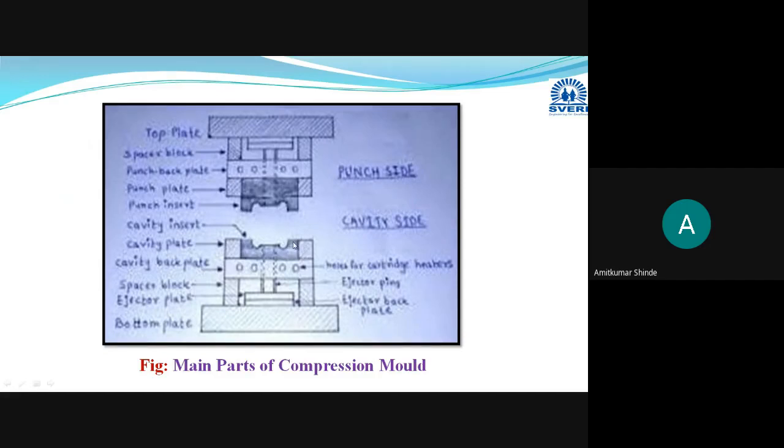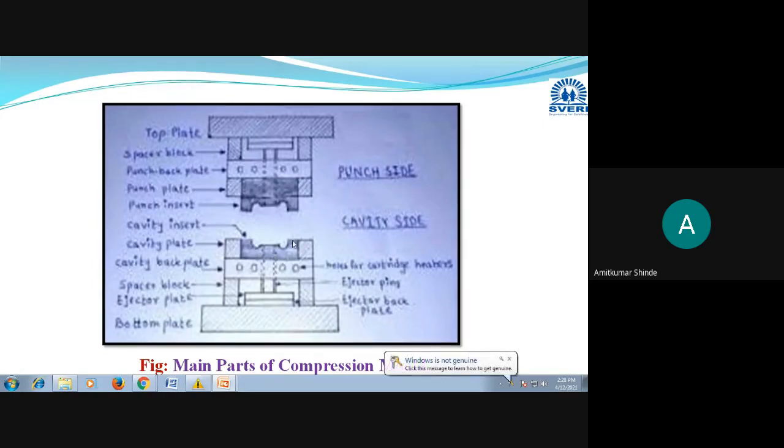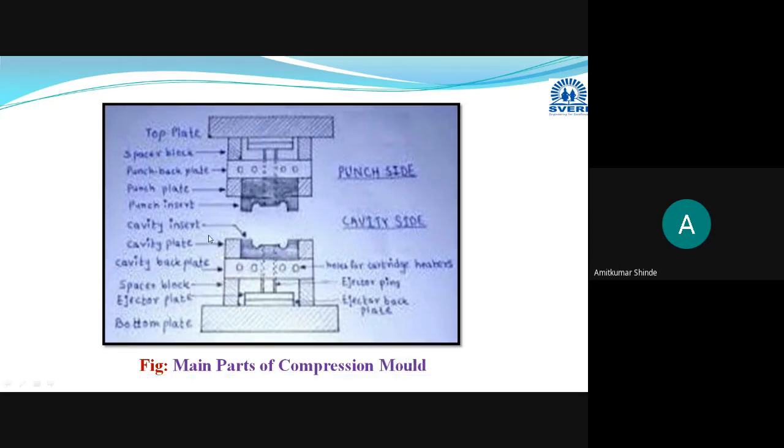It will provide you with the shape. The desired shape will be given here with the help of this cavity plate, or it provides the support to give the cavity, cavity or cavity insert. Depending on this, you can give different shapes, and whichever plastic material is there will flow in this cavity plate.